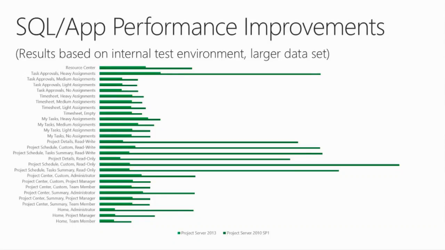We tried things involving Resource Center, the tasks page, and so on and so forth, basically trying all the different permutations. We tried to look at the different inefficiencies that we were hitting in the SQL queries, processing in the app tier with the data sets, and we just tried to close some of those gaps as much as we could.